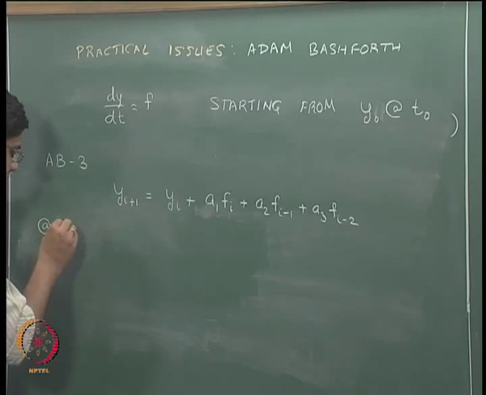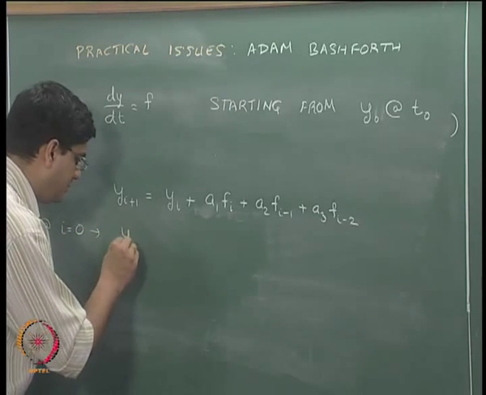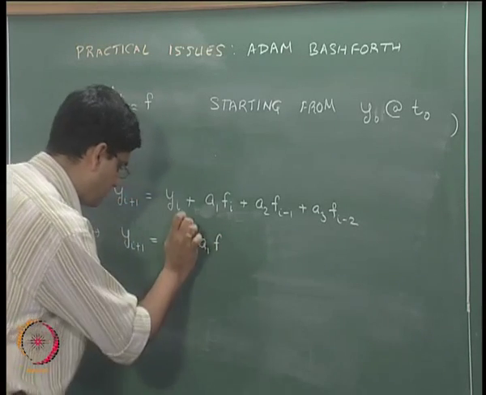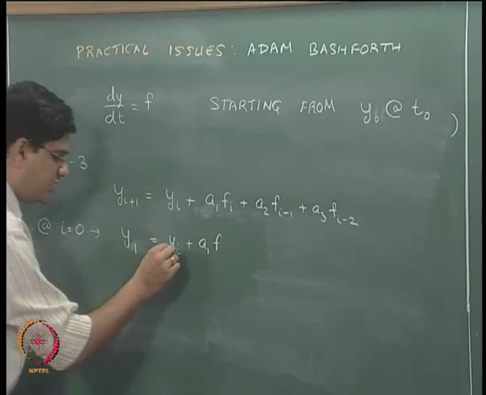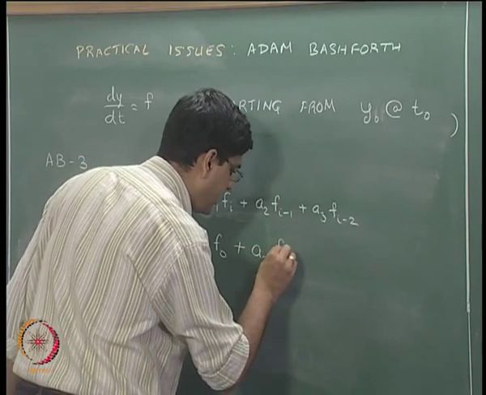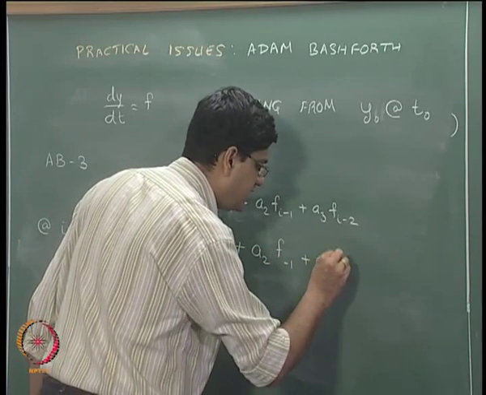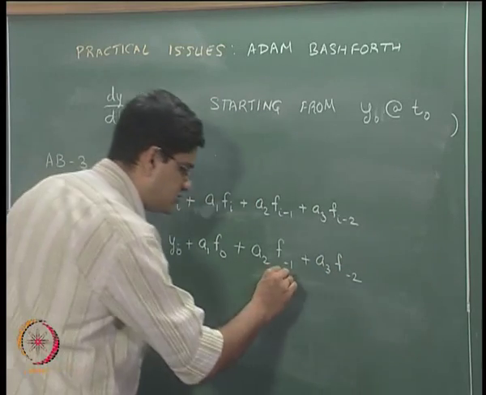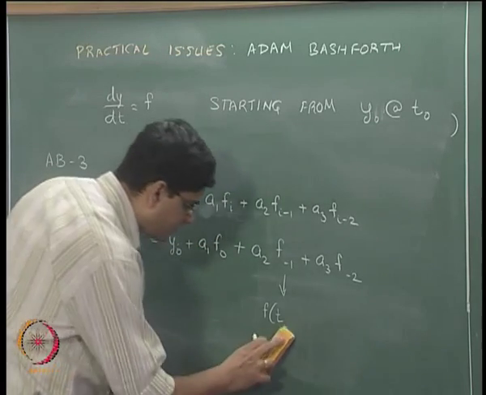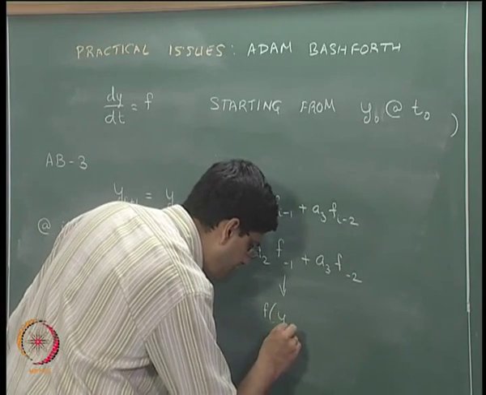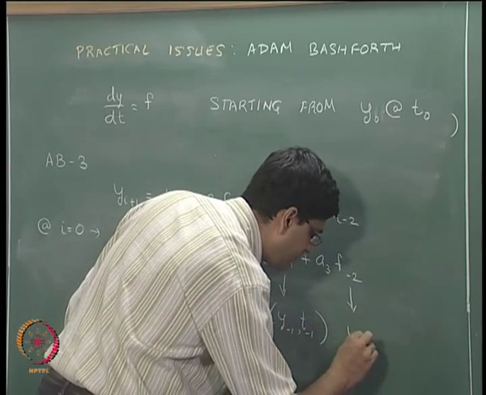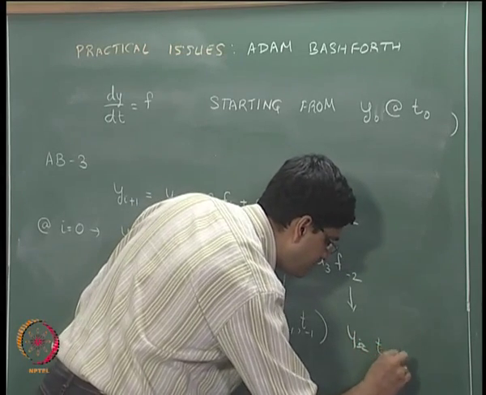At i equal to 0, the formula is going to be y i plus 1 equal to y i plus a1, or y1 equal to y0 plus a1 f0 plus a2 f minus 1 plus a3 f minus 2. f minus 1 is f computed at y minus 1 comma t minus 1, and this is at y minus 2 and t minus 2.